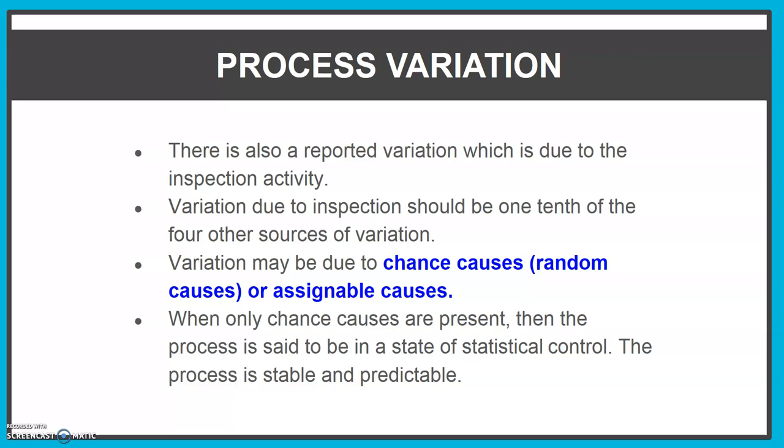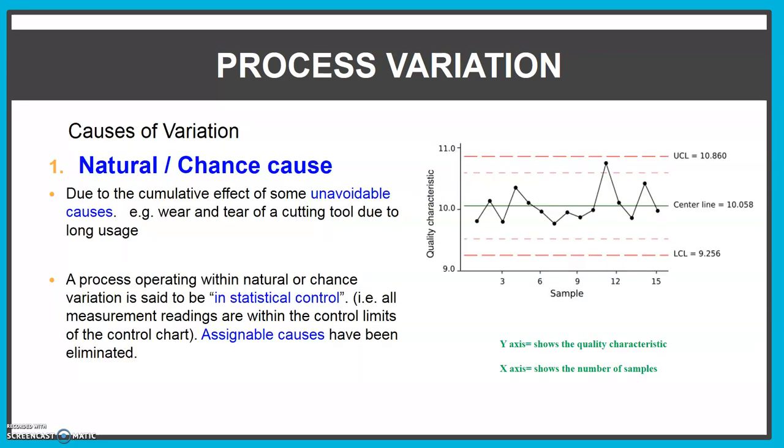Then the second one is an assignable cause. It's a special cause. So what is the difference between these two causes? Natural causes are unavoidable. They will happen naturally, such as the longer you use the tool to produce the product, the tool will wear.